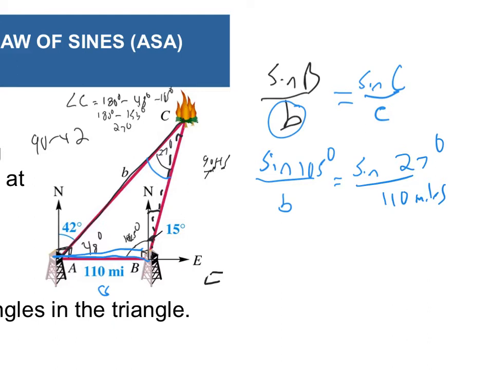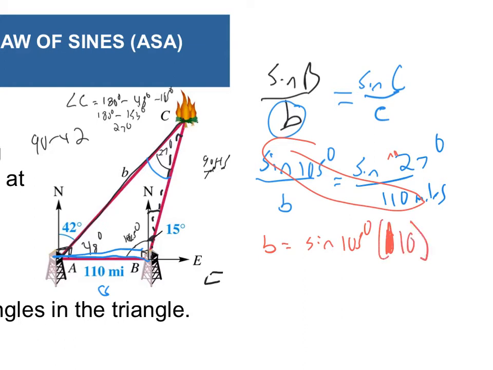Again, these two get multiplied together, and I divide by the third one. So B should be sine of 105 degrees times 110 divided by sine of 27 degrees.